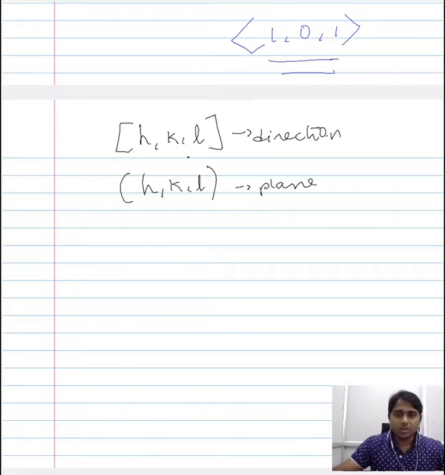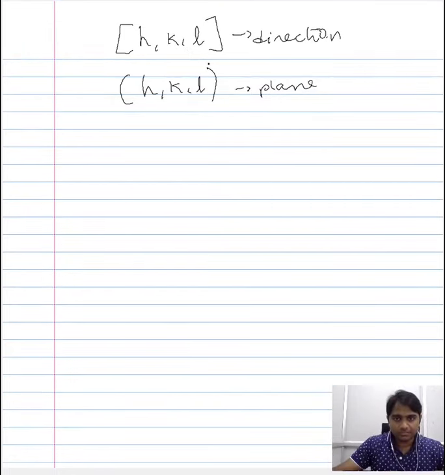Now when you consider the direction and the plane with the same variables like this, say we make these variables constants, say h1, k1 and l1, h1, k1 and l1. Now these are no longer variables, but constants. So if you have the same integers in both plane and direction, then these planes and directions are perpendicular to each other.